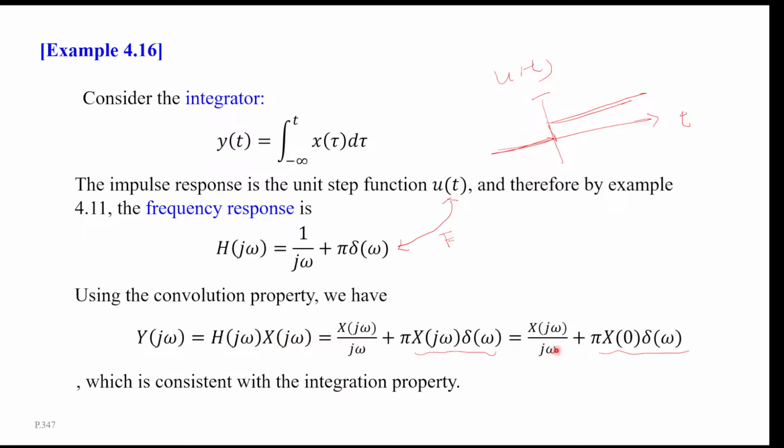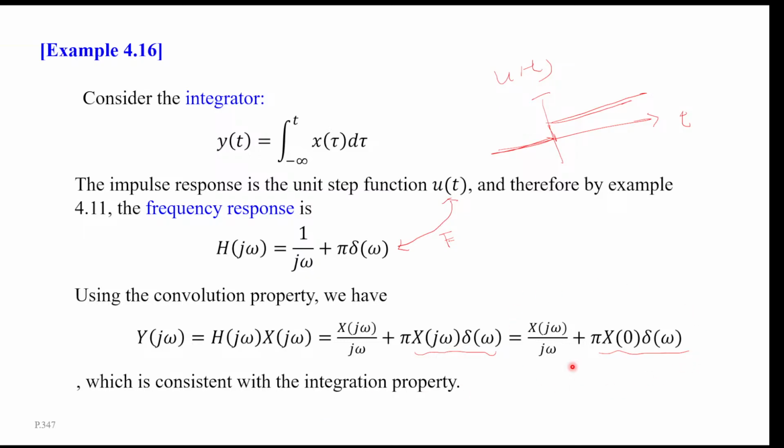Okay, and so you see big Y equal to big X of j omega over j omega plus pi X of 0 delta of omega. Okay, and this checks out with what we know, because it's integration, and we have the integration property that says if you do Fourier transform of an integration, then you get this thing.